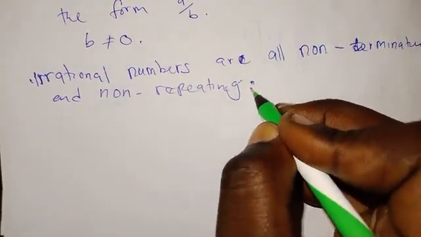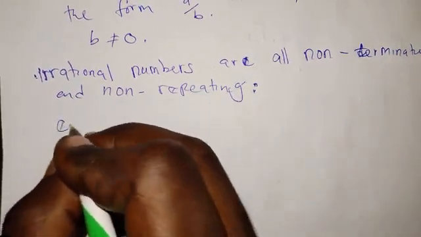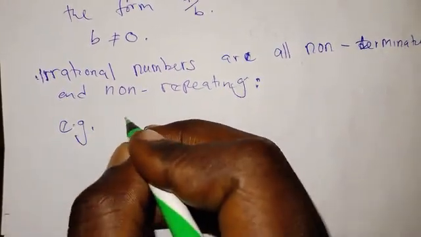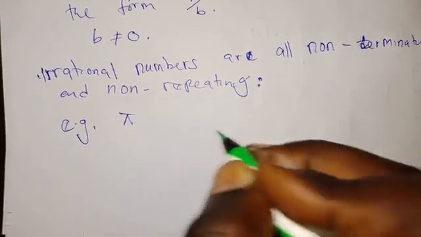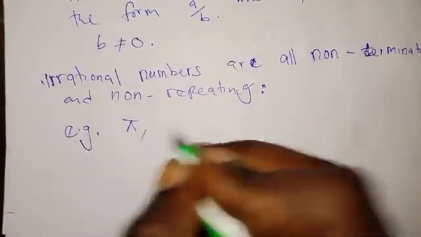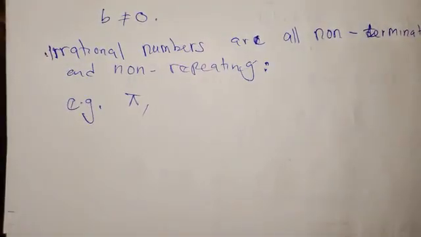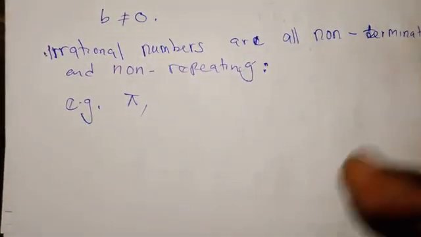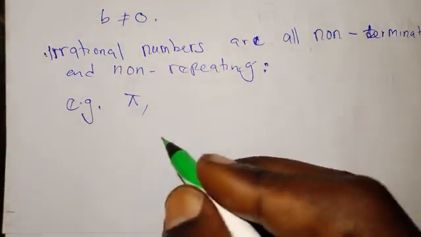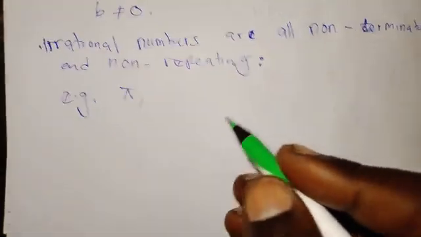Those are irrational numbers. The example we're talking about has something to do with pi. We know what pi is, I believe. Is it 22 over 7 or 22 over 9? I've forgotten. But 3.142, that pi number is continuously non-terminating and non-repeating.